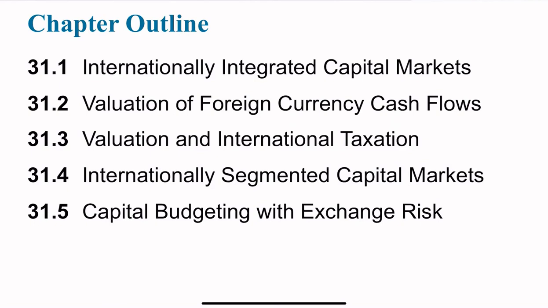Under this benchmark case, we will do project evaluation, and then we will think about international taxation. Next, we will move on to a more realistic case. So we will talk about segmented capital markets, and then we will talk about capital budgeting with exchange rate risk.